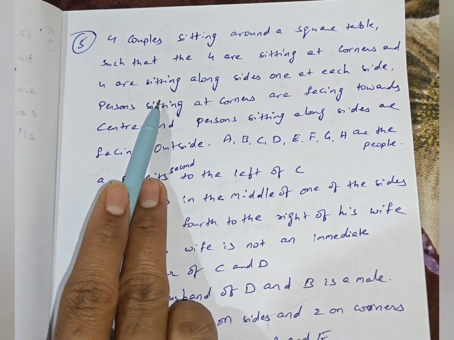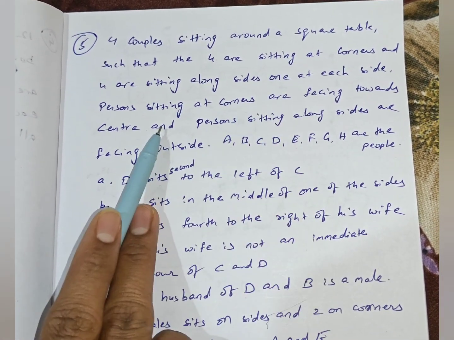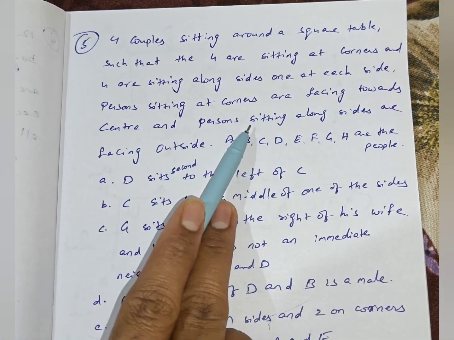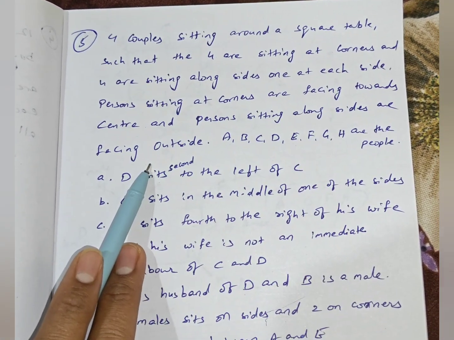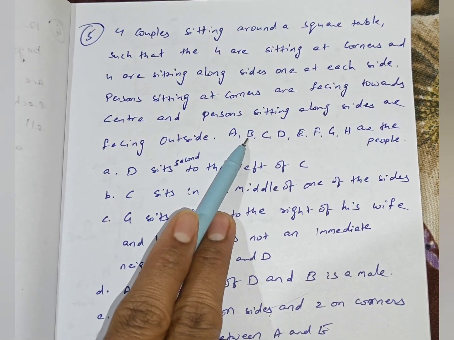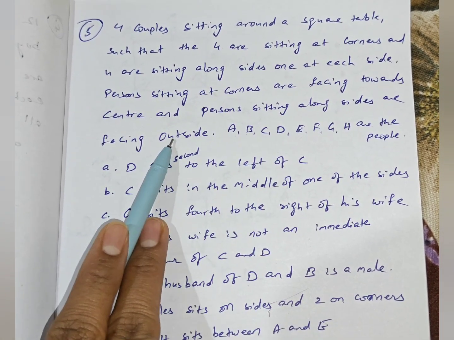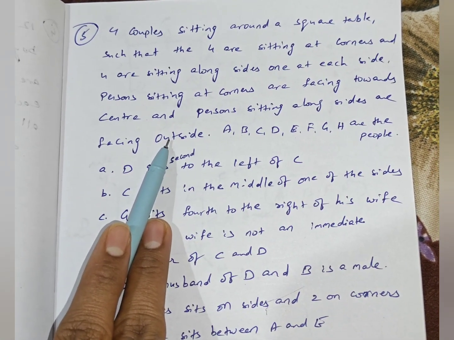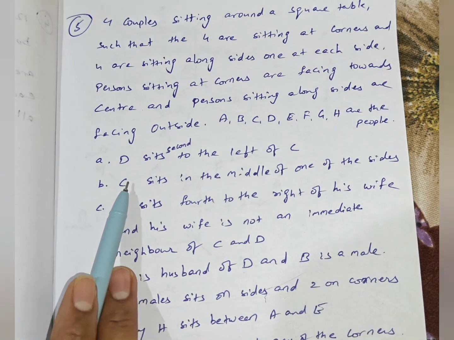And one more thing is, all are not facing towards a single side. Persons at corners are facing towards the center and persons along the sides are facing outside. So here it is a multiple problem: male, female, facing inside, facing outside. All these combinations are present in this question. And these are the statements given.